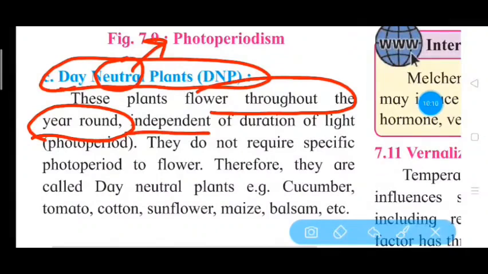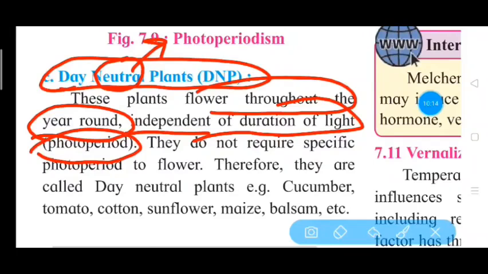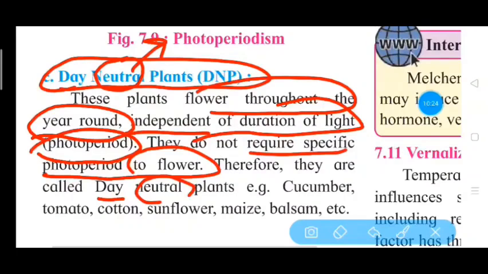They are independent of the duration of light, independent of photoperiod. They do not require a specific photoperiod to flower. Therefore they are called day neutral plants. Examples are cucumber, tomato, cotton, sunflower, maize, balsam, etc.